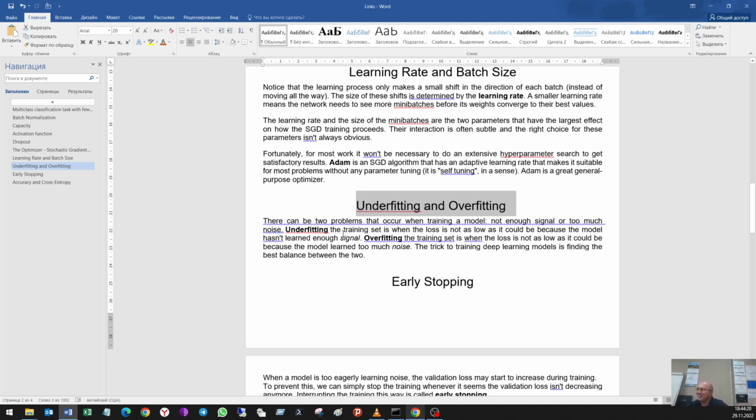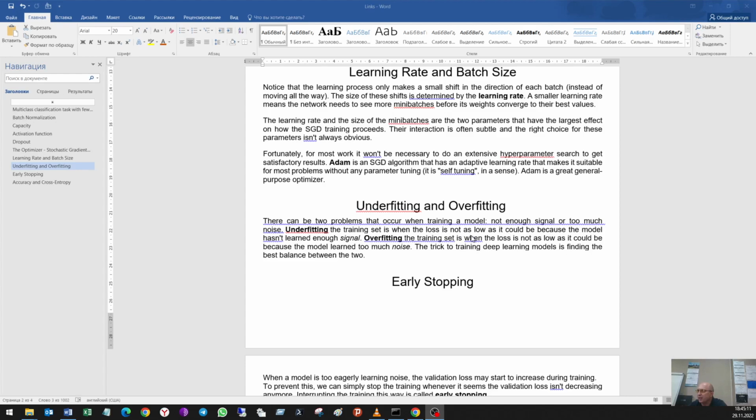So underfitting and overfitting. There can be two problems that occur when training a model: not enough signal or too much noise. Signal is useful information, and the noise is not useful, or some out of range information, or some rare information.